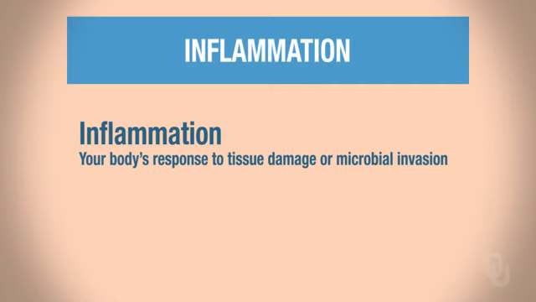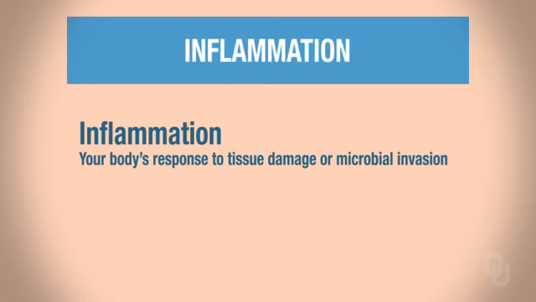Then we have inflammation. So inflammation is part of the innate immunity as well. When you think about inflammation, it's your body's response to tissue damage or microbial invasion. So you've sprained your ankle and your ankle is now inflamed. You stepped on a nail and so now you have tissue damage, a microbial invasion by stepping on a nail.